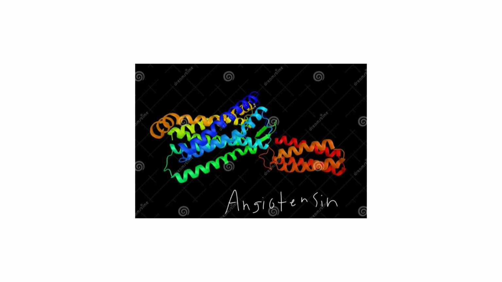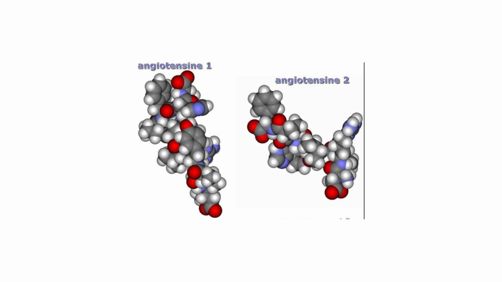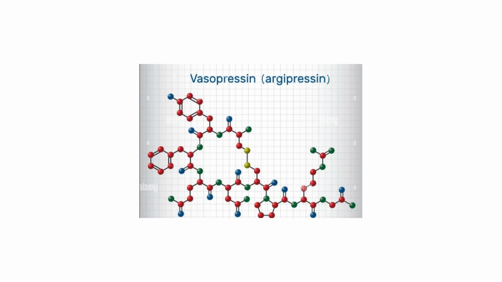The neurotransmitter associated with angiotensin is norepinephrine, which plays a role in the sympathetic nervous system's regulation of cardiovascular function.